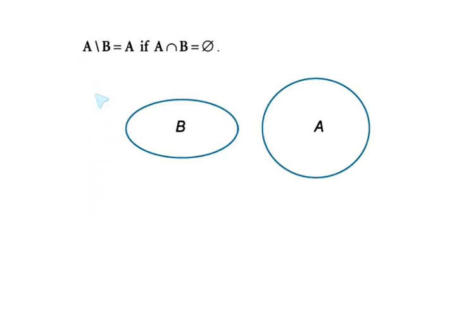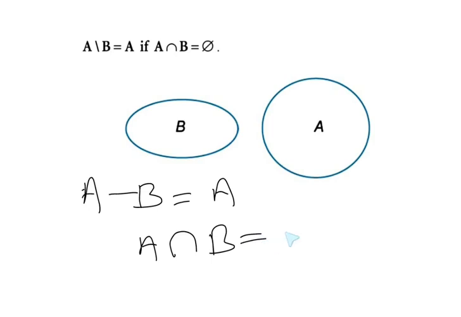A minus B is equal to A, because there is no common element to deduct from A. There is no change in A, that's why it's equal to A. And also we can write, since there is no common element, A intersection B is equal to φ.